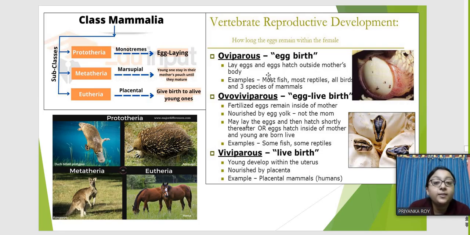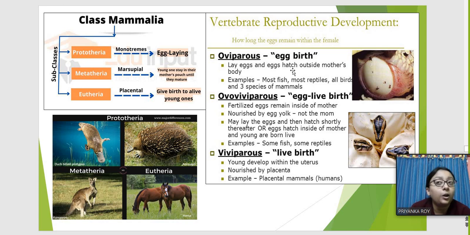Coming to these terms, what exactly is oviparous, what is ovoviviparous, and what is viviparous? Viviparous means they give birth to live young ones directly, nourished by the placenta, like placental mammals or humans. Oviparous means egg-laying animals, which lay eggs, and outside the mother's body the eggs hatch and the baby comes out. The third one is very interesting: ovoviviparous, which means egg live birth.